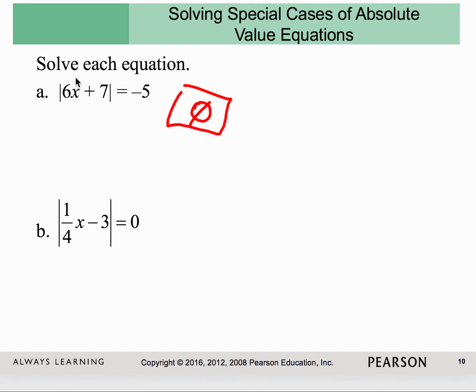Anytime I have an absolute value equation that says it equals anything negative, nope, it cannot equal negative. Absolute value is the distance from 0. Distances can't be negative. Now, if I have that it equals 0, it can be 0, right? It can be 0. How far am I from this chair I'm sitting in? 0. So a distance can be 0.